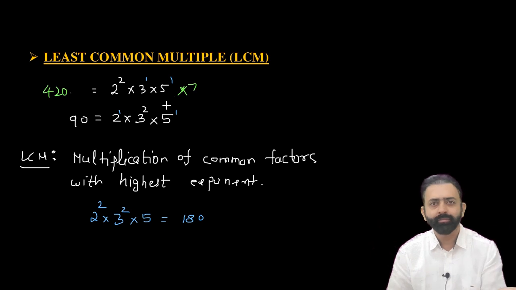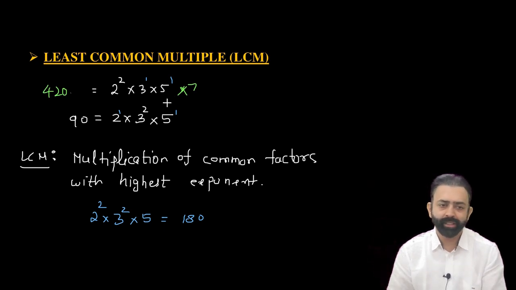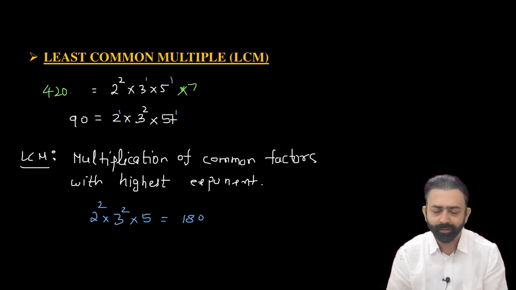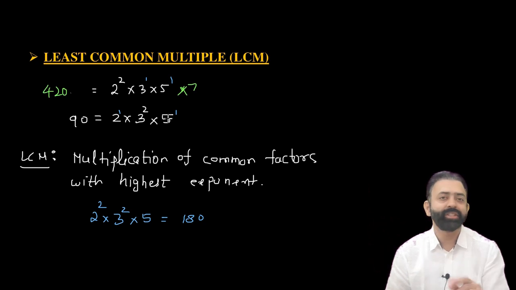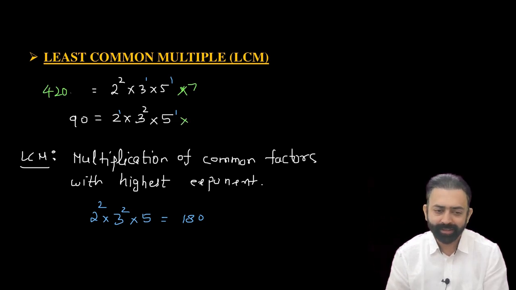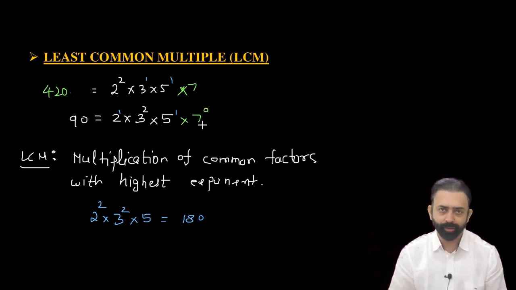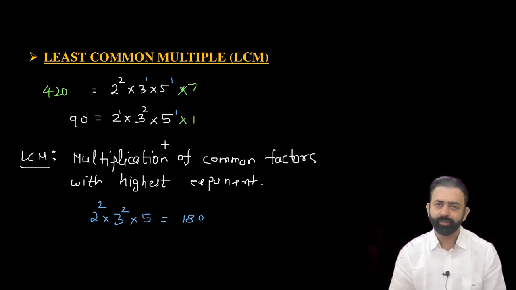Now we need to find out the HCF. As there is no 7 in 90, the answer is no. I mean 7 is there, but it is written as 7 raised to power 0, which is 1. This is very important, right? I am repeating that there was no 7 here, so I can say that this is in fact a multiplication of 1.